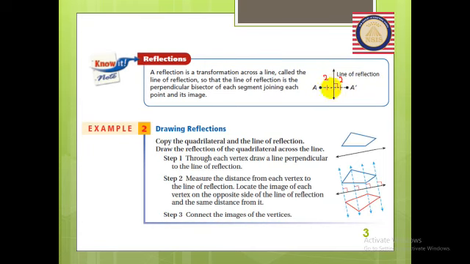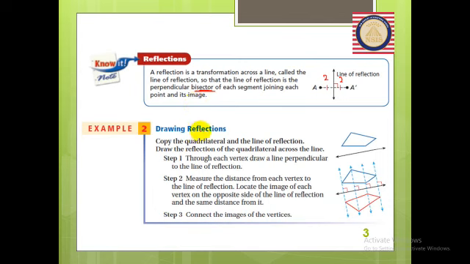So the line of reflection is the perpendicular bisector. Why? Because it's in the middle, and in the middle means bisector. So the line of reflection is the perpendicular bisector of each segment joining each point and its image. Okay, very good.